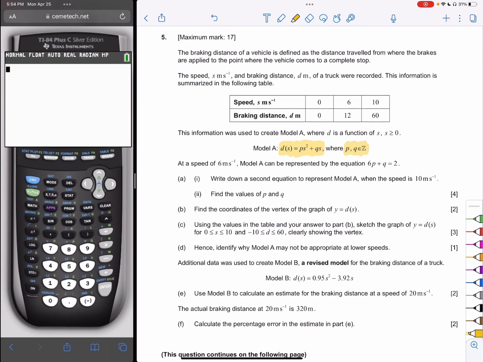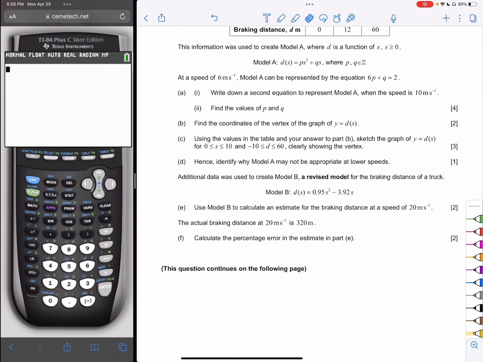So it gives us a clue here that at the speed of 6 meters per second, model A can be represented by the equation 6P plus Q is equal to 2. So part A, it says write down a second equation to represent model A when the speed is 10 meters per second. So I want to write a second equation for part A.